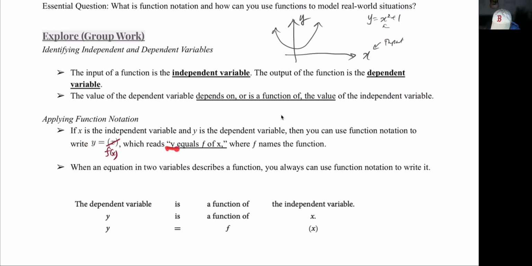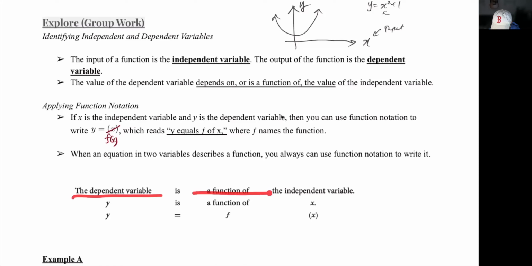It reads y equals f of x, so equal to f, parenthesis, x, close parenthesis, where f is the name of the function, and we write an equation in two variables that describes the function. You could always write it this way. So the dependent variable is a function of the independent variable. The independent variable is the x, and the dependent variable is the y, is equal to, and for the function we would use f.